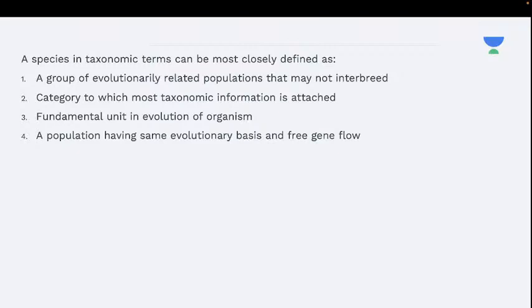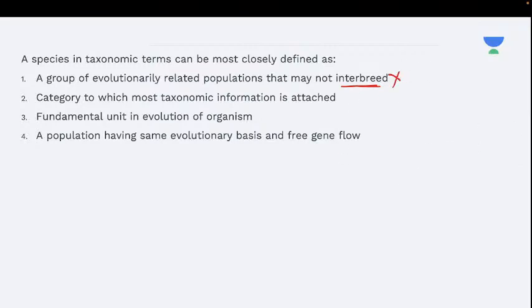A group of evolutionary related populations that may not interbreed. The concept of species relies on interbreeding, right? If there is no interbreeding, then there will be no species. Species will interbreed, so this is a wrong statement.